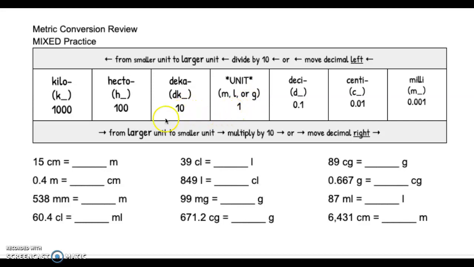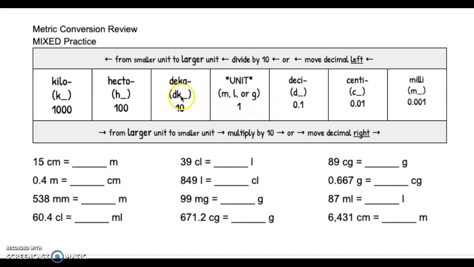It has the same prefixes. We're still going powers of 10, tenths, hundredths, thousands. Everything is the same as before, except that I did not plug a unit in because we're going to use this same chart for length, volume, and mass.